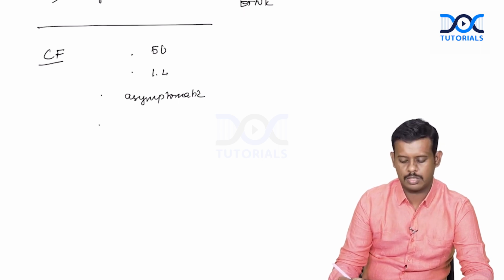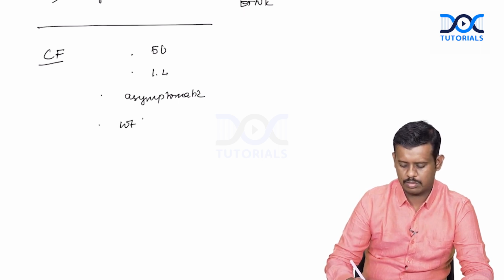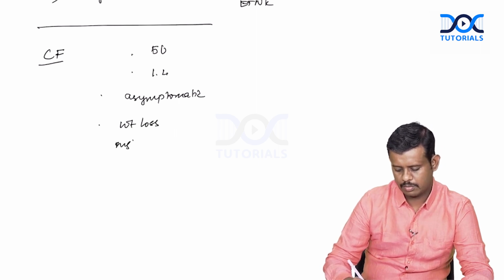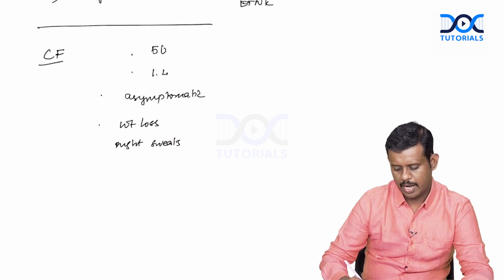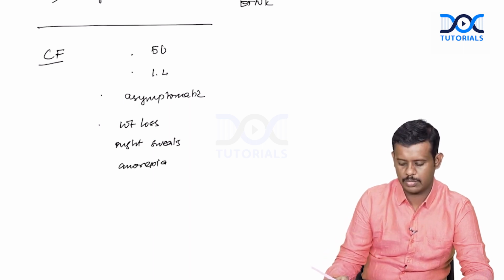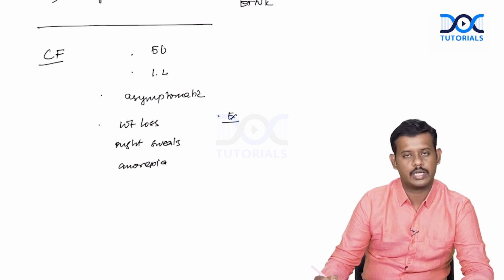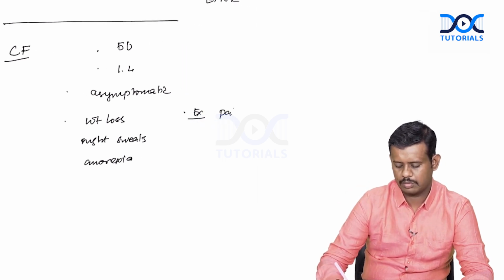So what are the common symptoms? It can be weight loss, profuse night sweats, anorexia, and so on. These are the common presentations, and on examination, you get pallor and splenomegaly.